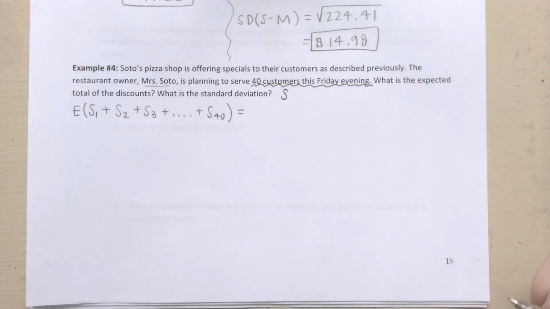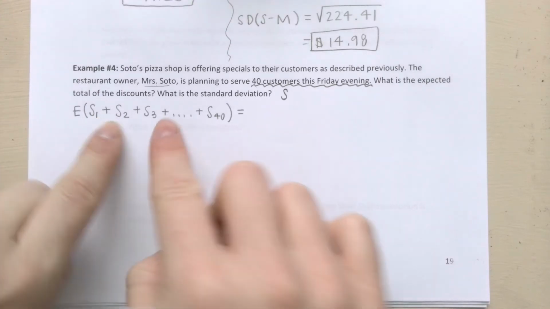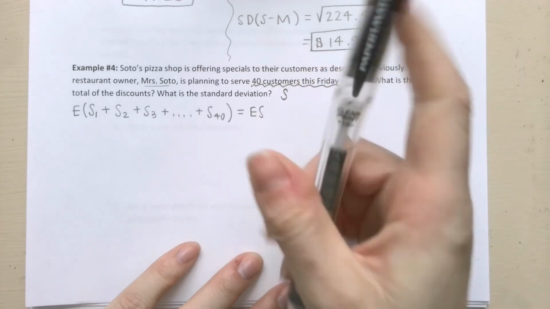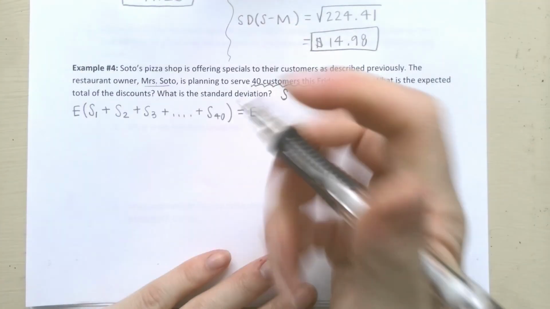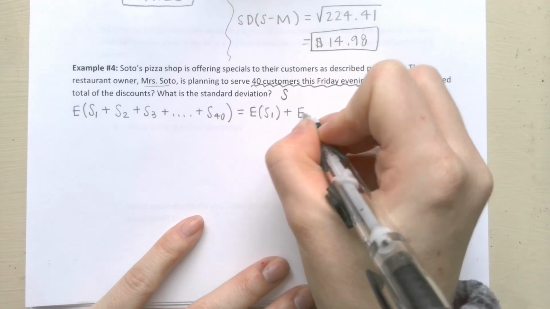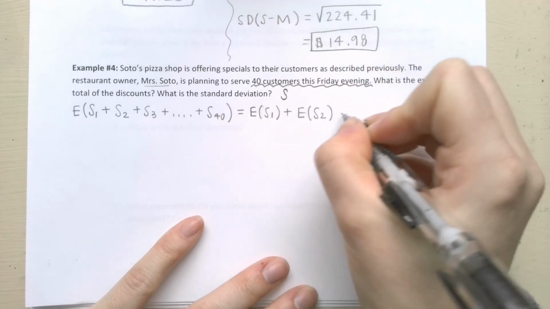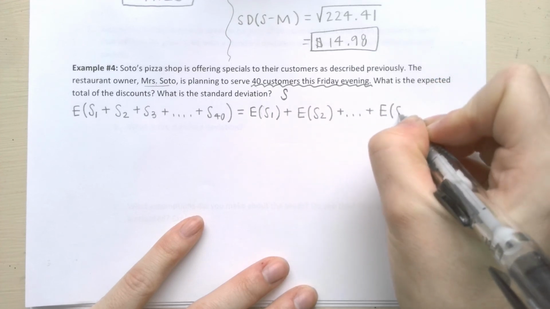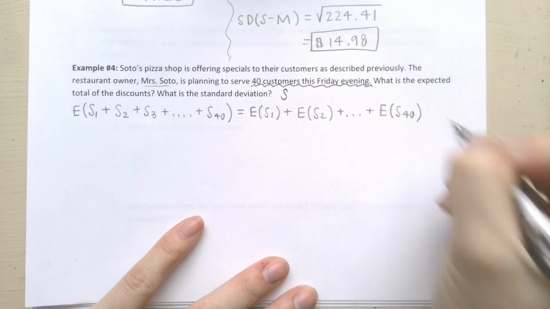Now I'm treating each of these customers as their own random variable. What's nice though is it's addition, so I can just split it up. So I would have the expected value of the first customer plus the expected value of the second customer. And again, I would continue this all the way until I get to the 40th customer.